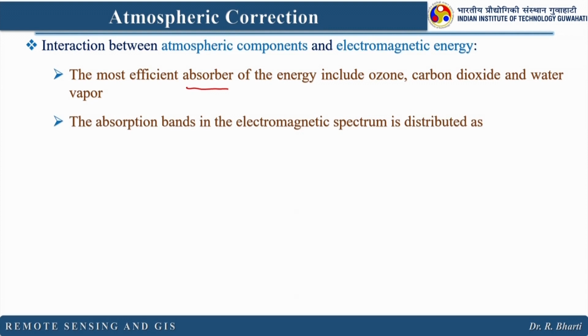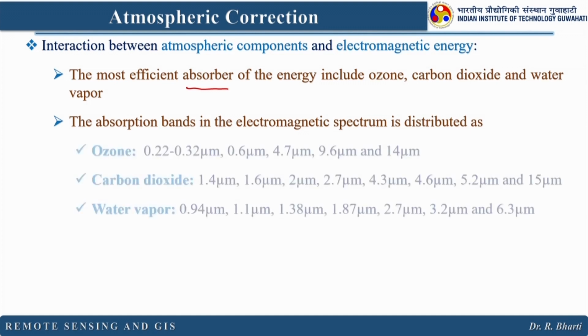What I mean is, for ozone, carbon dioxide and water vapor, which wavelengths are sensitive? Sensitive means the wavelengths at which the signature of ozone, carbon dioxide and water vapor is significantly visible in our recorded data.